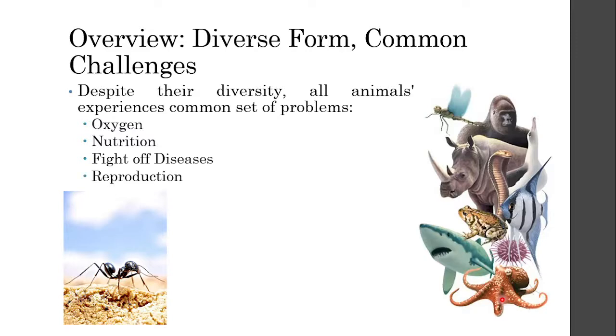And lastly, all of us experience a challenge in reproduction. How can we pass on our genes in order for our progeny to survive? More importantly, how are we able to pass on the genes that will express various phenotypes that will be necessary in order for the survivability of our species to become higher?